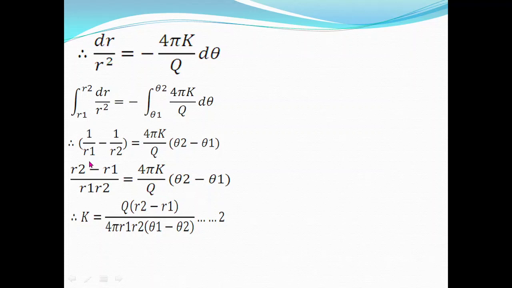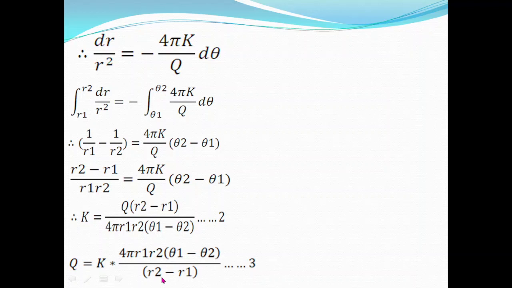Q is taken to this side, R2 minus R1 is in the multiplication, and 4 pi theta 2 minus theta 1 goes in the denominator, so it becomes Q into bracket R2 minus R1 upon 4 pi R1 R2 into theta 1 minus theta 2, or Q is equal to K into 4 pi R1 R2 into theta 1 minus theta 2 upon R2 minus R1.